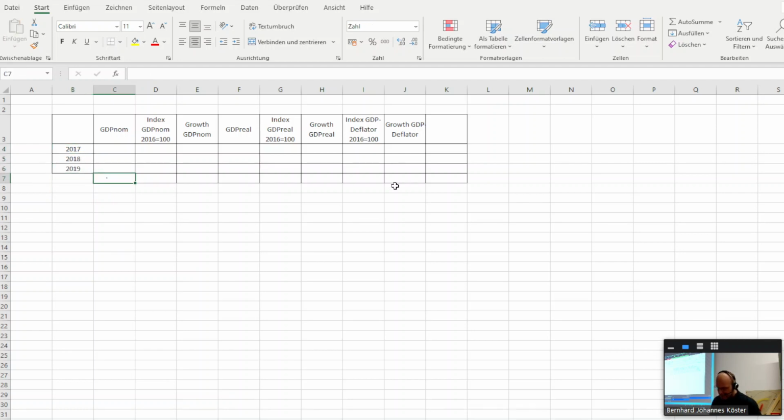Then we also need this and this. So, I told you that the point where you set the 100 doesn't matter. But in general, let's take the starting year in our task as 100.